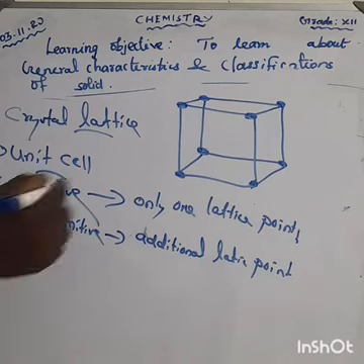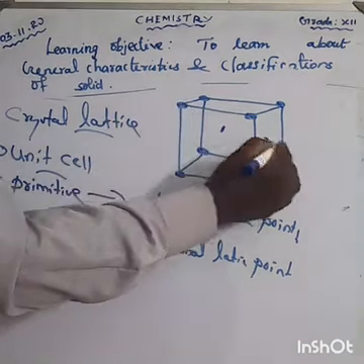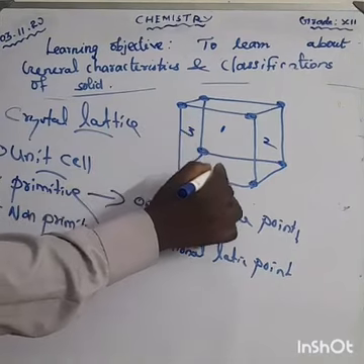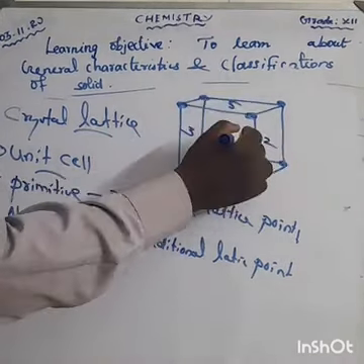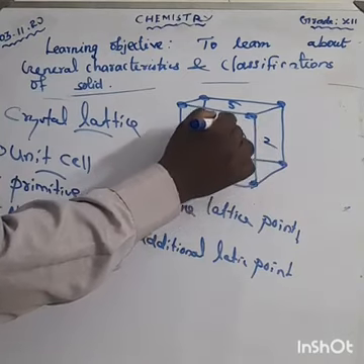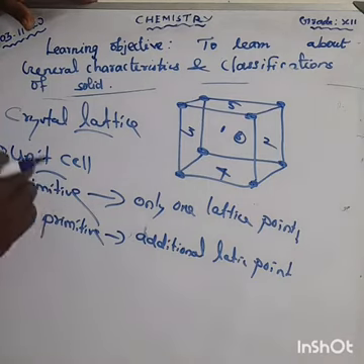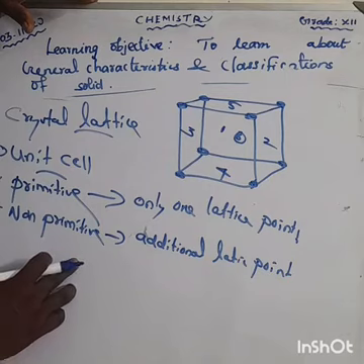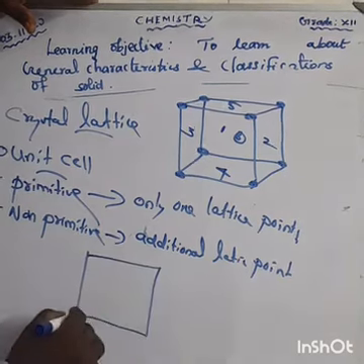This side is the first face, second, third, fourth, fifth face, and the back side, the sixth face. Am I right? So here, about primitive and non-primitive, I told you what the non-primitive means. This is a crystal lattice.